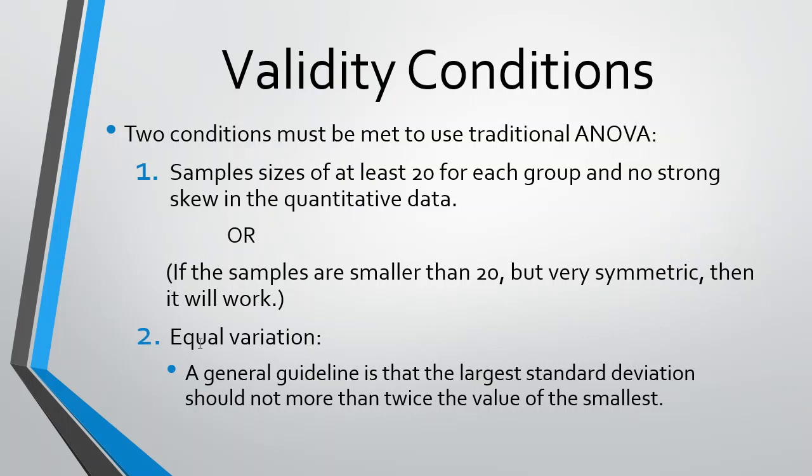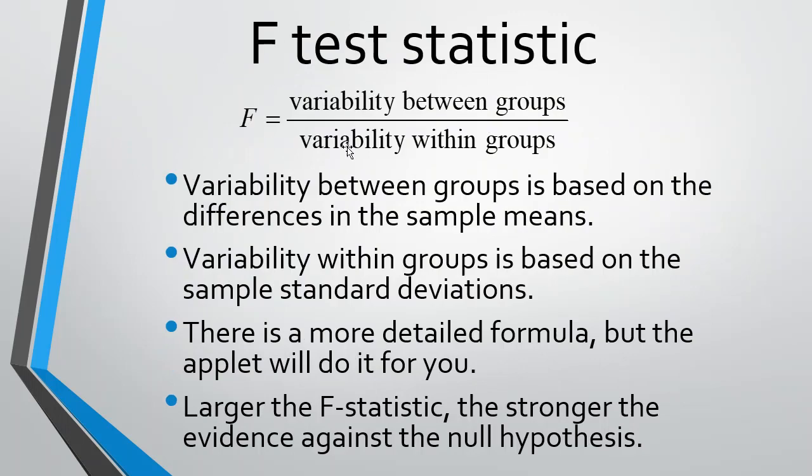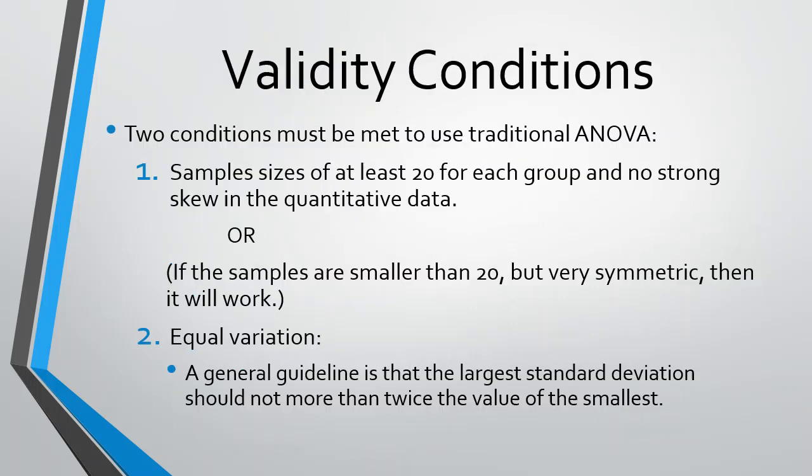But there is a second condition, and that's called equal variation. Because we are comparing this variability within groups, there are those standard deviations inside of each group. Well, you can't have those be too different from each other. You can't have group 1 have a standard deviation of 50 and group 2 have a standard deviation of 2. That breaks the statistic, or at least the assumptions that are going into how the statistic works.